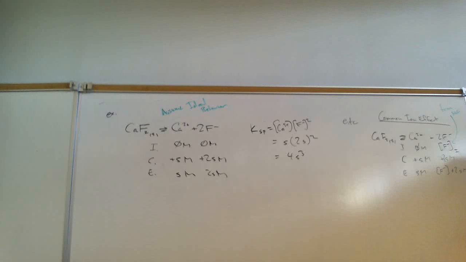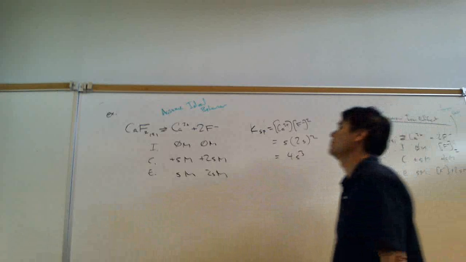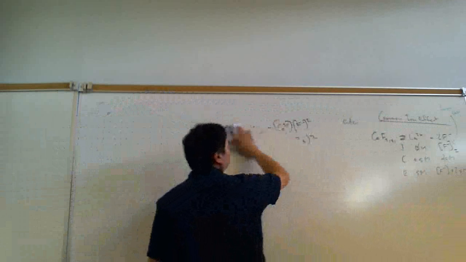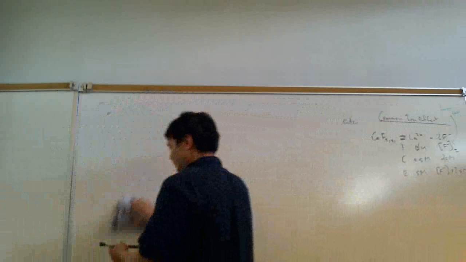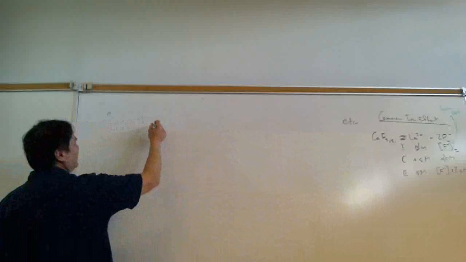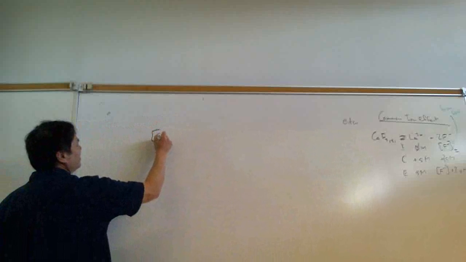You know, in precipitation, what do you want to do? If I want to precipitate out all my calcium, is that possible? I want to precipitate out 100%. Folks, I need to set up a precipitation. Let's set up a precipitation. So let's say I have some calcium in here, initial.